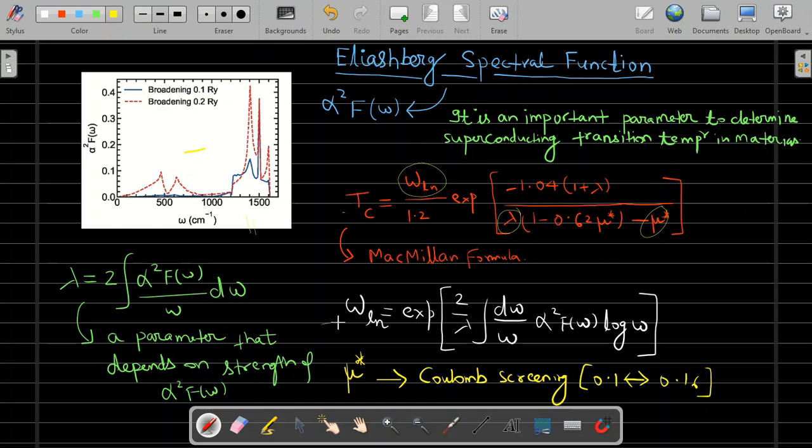And omega ln also depends on frequency and the Eliashberg spectral function. And mu is the Coulomb screening factor that varies between 0.1 to 0.16, so we don't have to calculate this. We will only calculate lambda and omega ln, and then we can know about Tc.